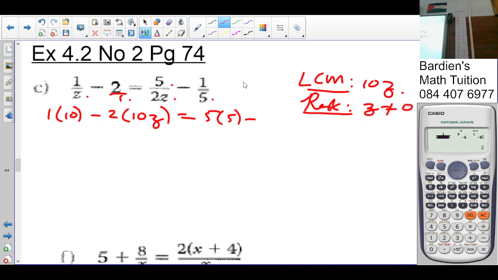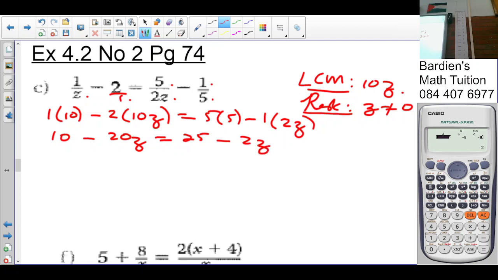That must be multiplied by 2Z. So it's 1 times 2Z. I know many of you are going to go straight without the brackets, correct? But you always see me write the brackets. Later on you will understand why. Okay. So it's going to give me 10 minus 20Z equals 25 minus 2Z.